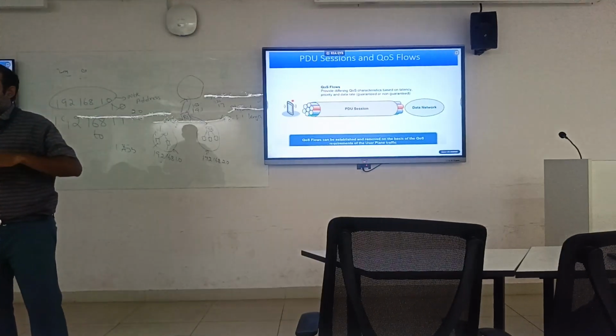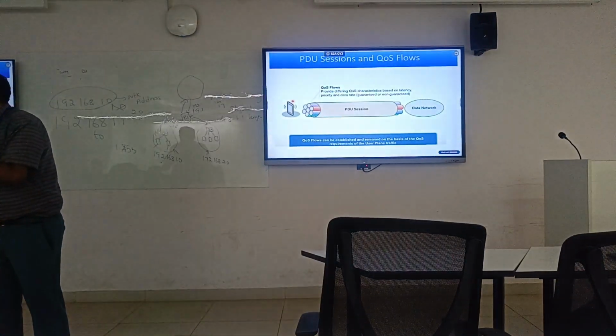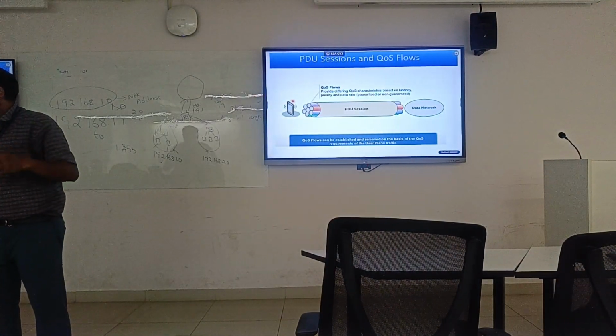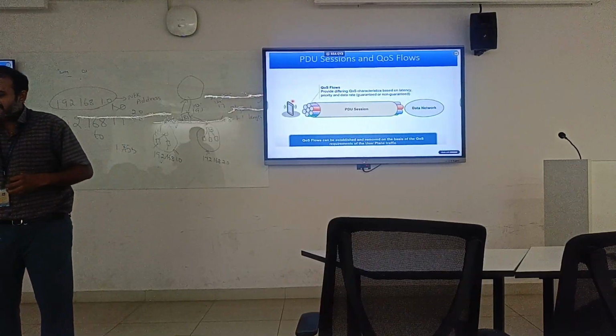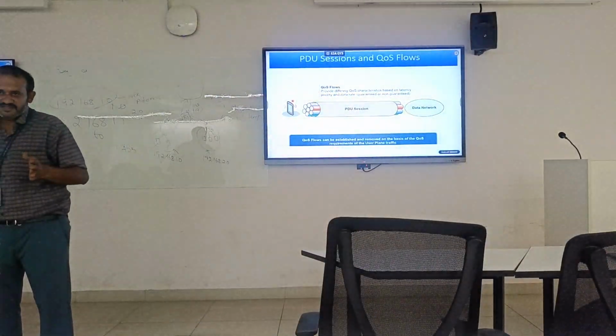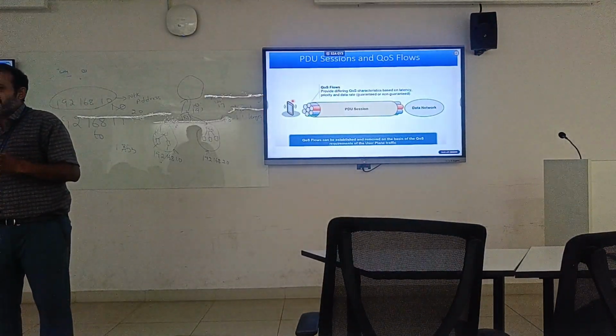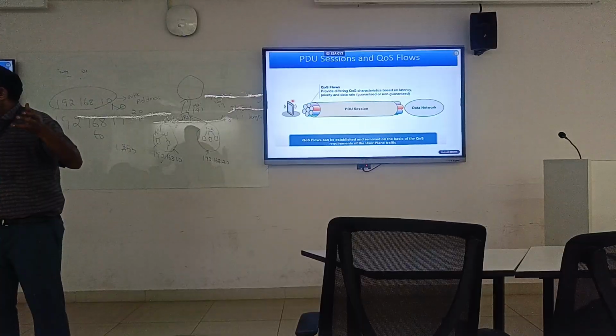Non-guaranteed bit rate, one best example is surfing data. Whenever you go to Google, when you type Google, that time you need data, that time you need bandwidth. Then for the rest of the time you don't. So I don't want to give a constant data rate or constant bandwidth to a particular session.